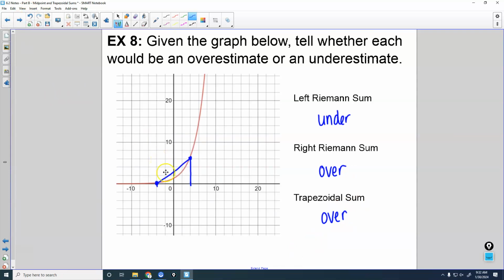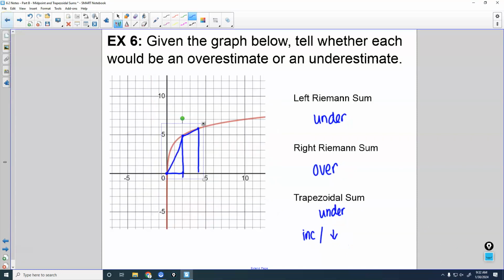This graph is increasing concave up. We had an overestimate. I'm flipping all over the place, I know. This one was increasing concave down. We had an underestimate. Does it seem like increasing or decreasing matters for trapezoidal?